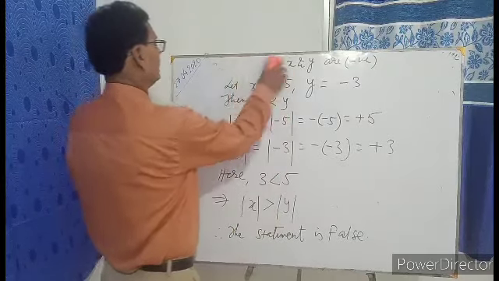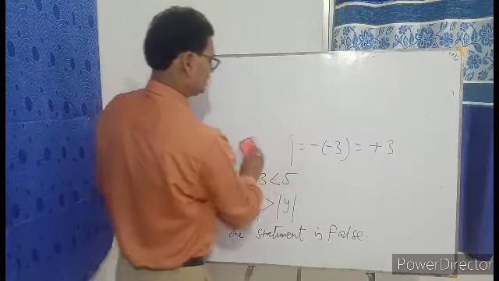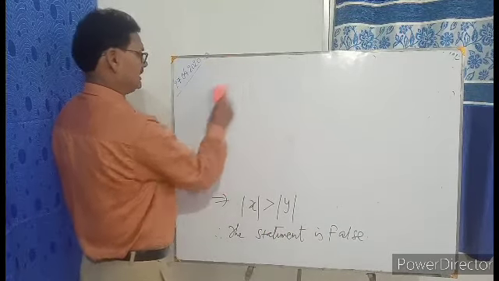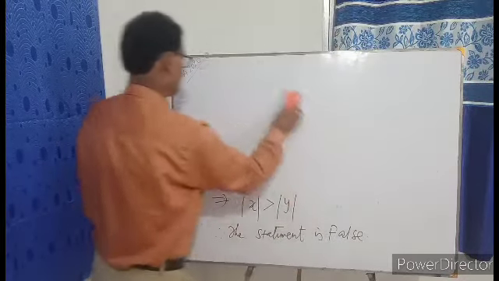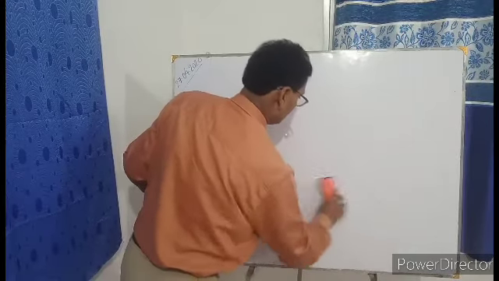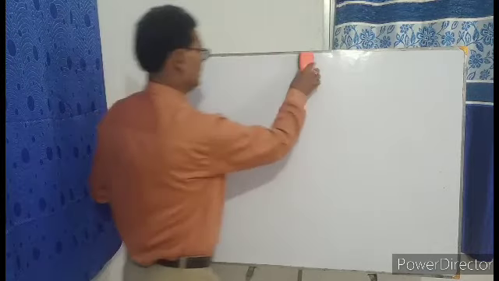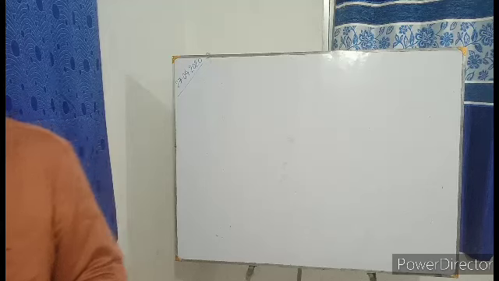Now let us see the next part of this question. I think this question needs to be explained very well before our students, because in the course of my teaching experience I have found most of the students are not going to understand this question very clearly. That's why I have decided to make your points quite clear by assuming the positive and negative values of x and y both.